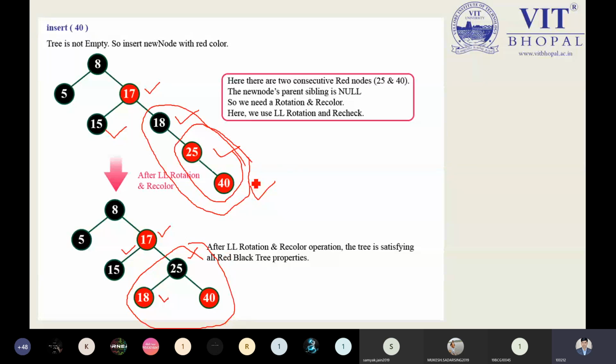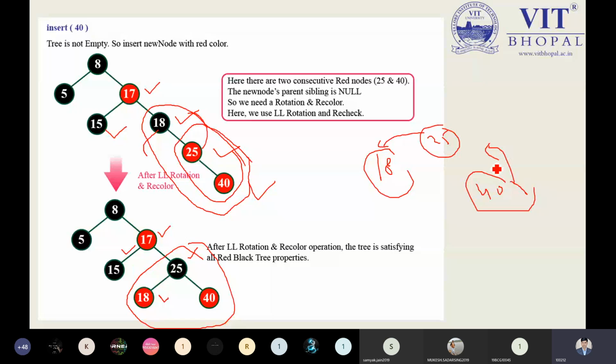Here we have the LL operation, so 18 will come over here, that is a left operation, and 25 is coming from this position. Again we are performing the left operation, so that's why it is known as the LL operation. And after changing its color, that is the recolor operation, it is okay.